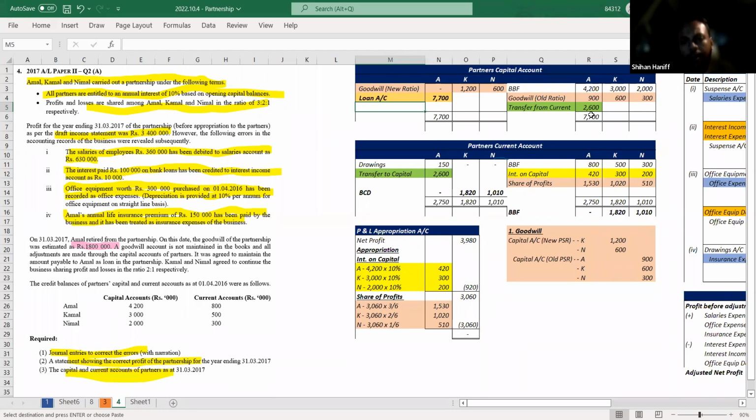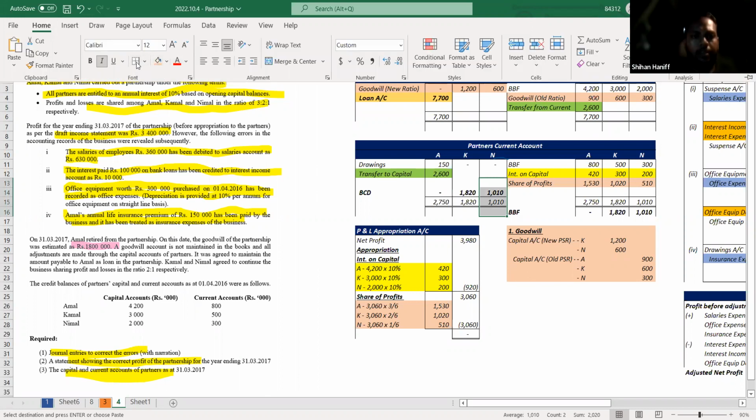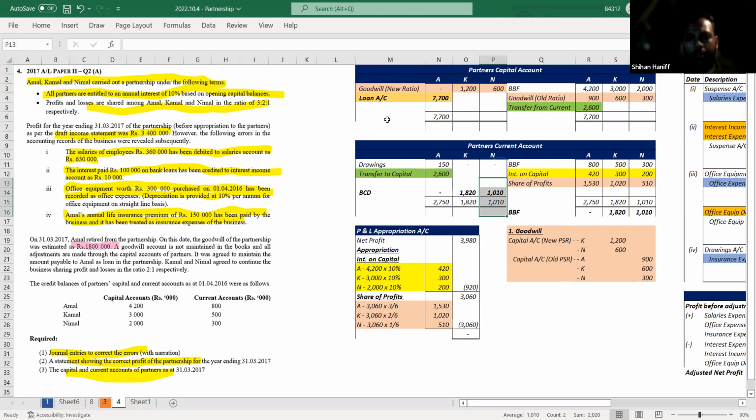$1,824 current account, $1,824 Kamal, 1,010 for Nimal. And finally, the capital account: Kamal 3,600 minus 1,200 is 2,400.